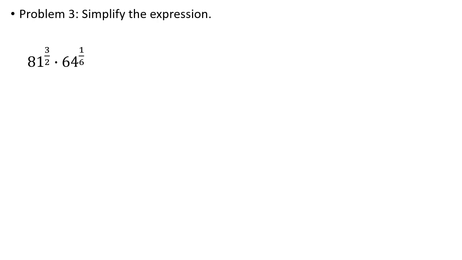Okay, for this one, same idea as last time, but instead, once you've simplified each piece, you then multiply the two numbers together. So we're going to rewrite that 81 to the 3 over 2 as a radical. We're going to do the same thing to the 64.